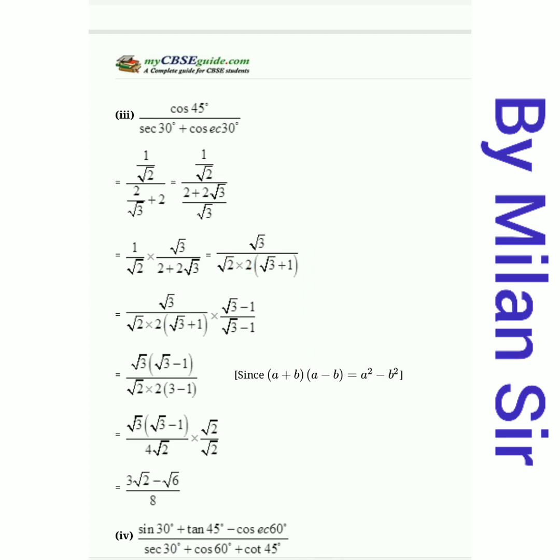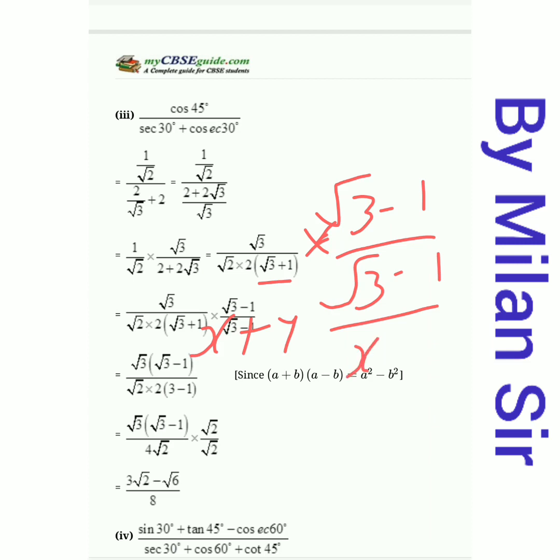Second thing, if two terms are there, like this √3 + 1, at that time we need to multiply and divide by the same numbers, that means √3 and 1, but we need to take a different sign. Here a plus sign is there, so we need to take a minus sign. So finally we got the form of x + y and x − y, that means √3 + 1 and √3 − 1.